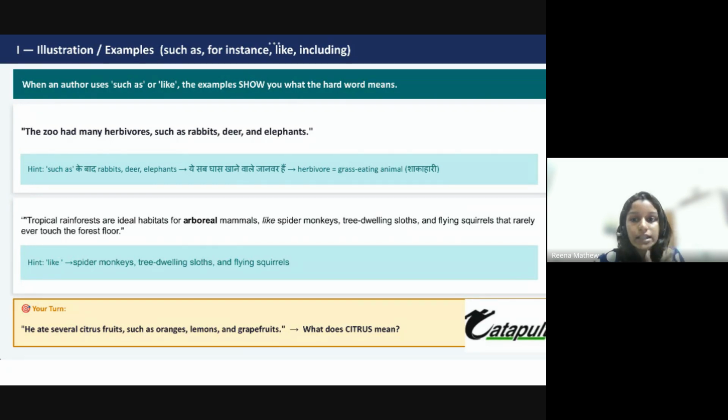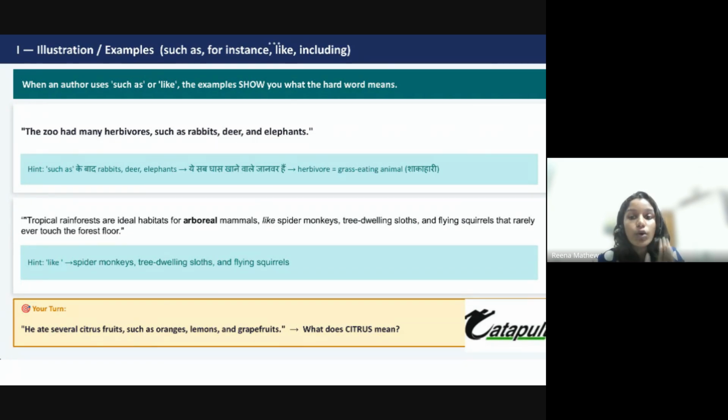Like is a hint word here. Like means such as. So the logic is, all these animals, and there is this phrase called tree-dwelling, that is living on trees, and rarely ever touch the forest floor, that is, those who almost never touch the ground.